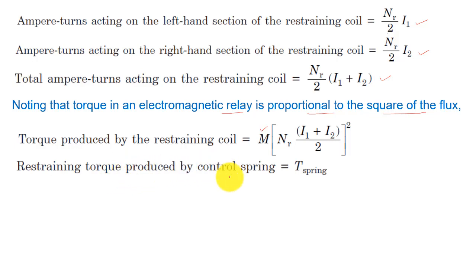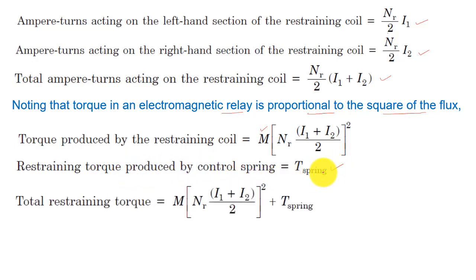The restraining torque produced by the control spring will be, let us say, T spring, so the total restraining torque will be M into NR I1 plus I2 by 2 whole square plus T spring. This is your net restraining torque.